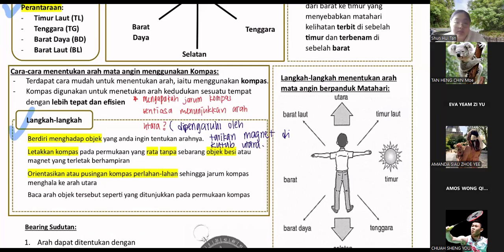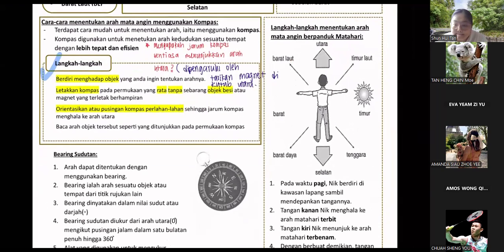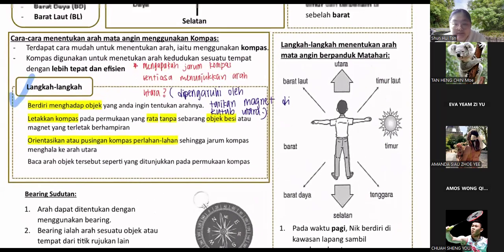Now, this is the common question they like to ask. And of course, they might also ask you how to determine the arah menggunakan matahari. Shall we move on? Or you need some time to write down this extra? You want to write on top also can.